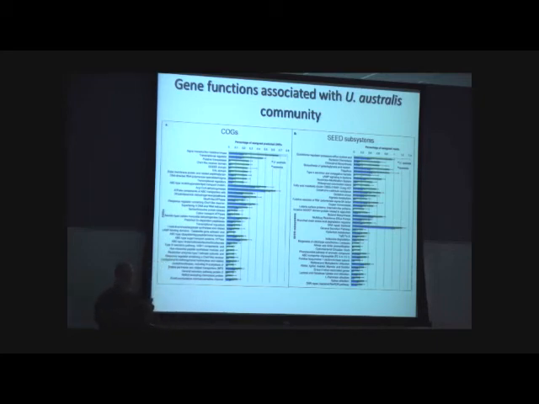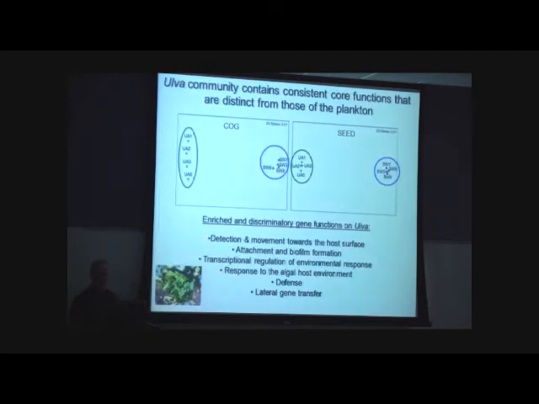So if you look at this functional gene level and ask questions about what's more common on Ulva versus in seawater, you get a variety of things falling out. If you then cluster those functional genes as opposed to the taxonomic markers, in fact, you get very tight clustering. And you get much greater overlap between the different communities on Ulva as a function of those functional genes than you do using phylogeny or taxonomy.